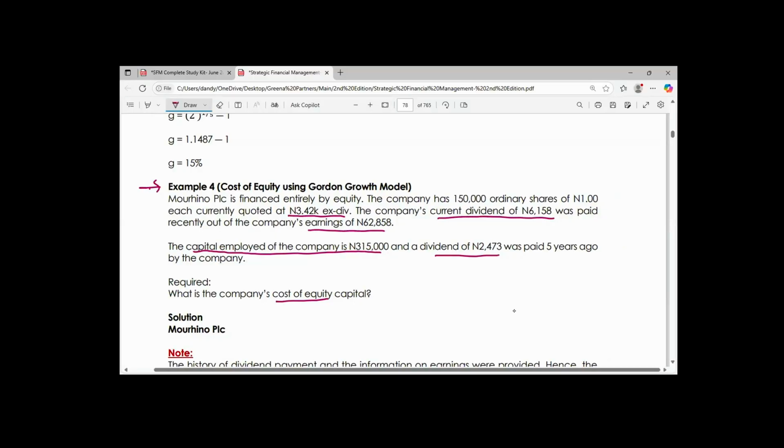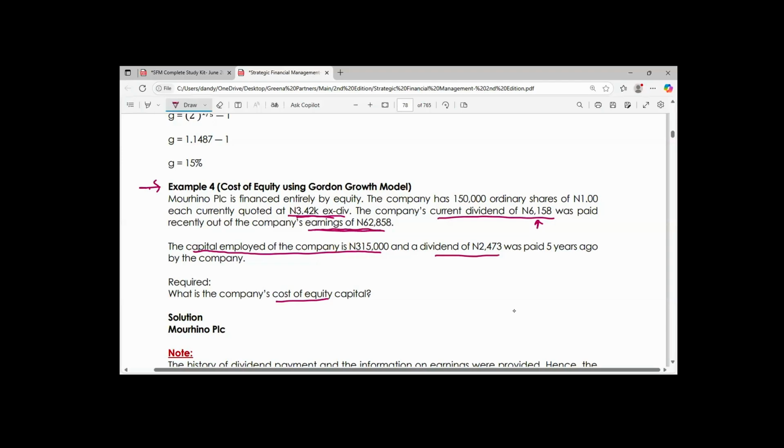So in this question, the examiner told us that the current dividend has been paid. The current dividend of 6,158 naira was recently paid, which of course means the market price per share of 3 naira 42 kobo is already ex-div. Not only that, the examiner also gave us information on earnings.